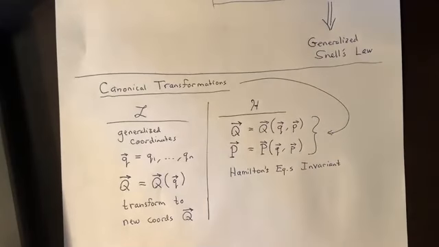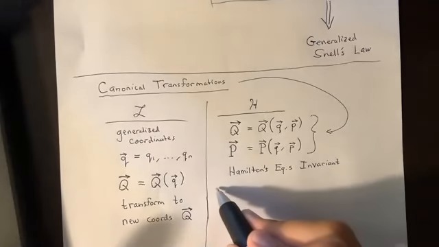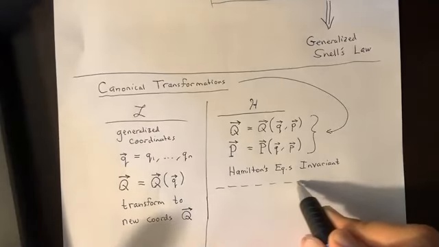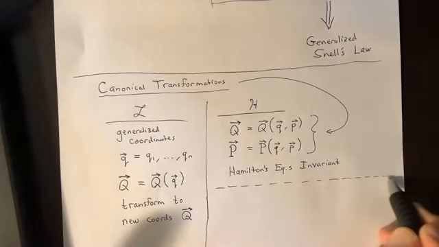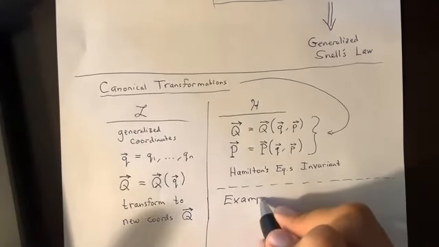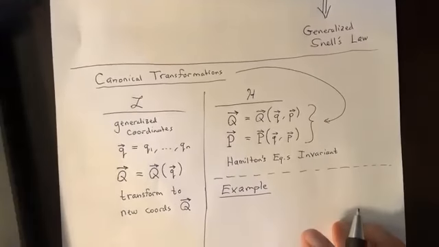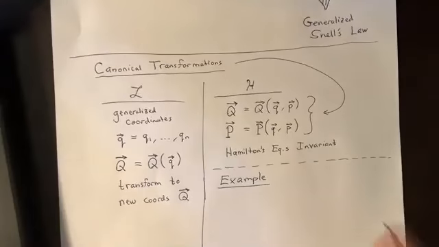Okay, so let's work out some examples. Let's see how you can actually set up a canonical transformation and transform. Okay, so here's an example. This is for a 1 degree of freedom problem.